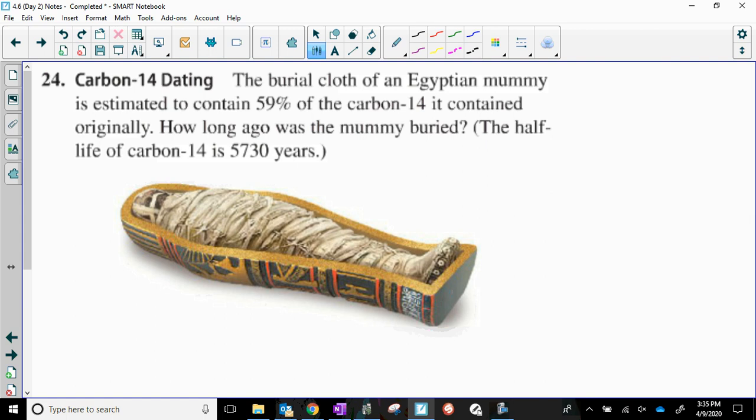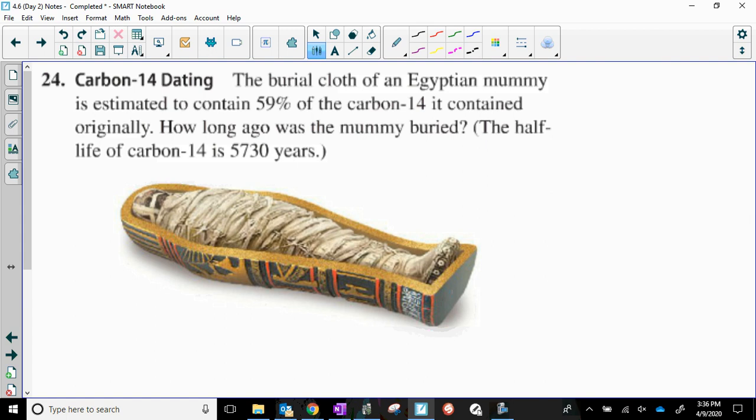So we're asked to estimate how long ago this mummy was buried if it contains 59% of the carbon-14 it normally had. So what we do know about carbon-14 is it takes about 5,730 years to reach its half-life. So that'd be 50%. So I can tell you right off the bat that if there's 59% remaining, it has not reached its half-life.